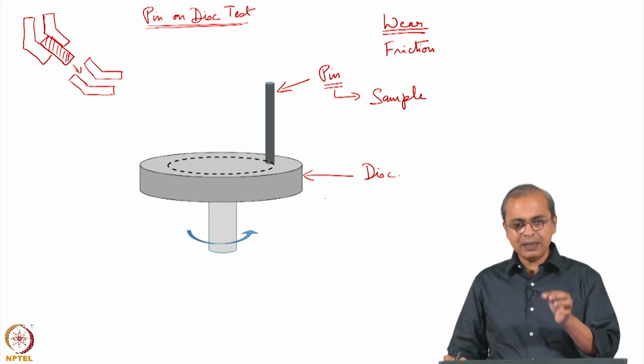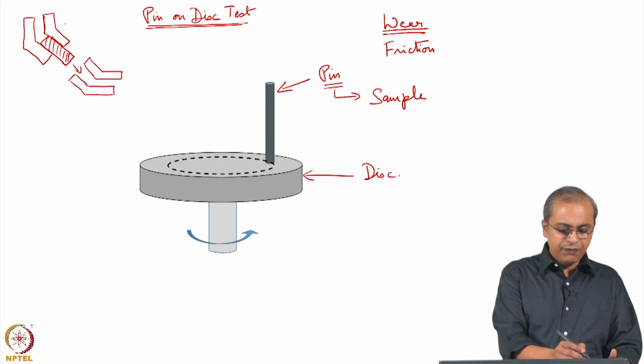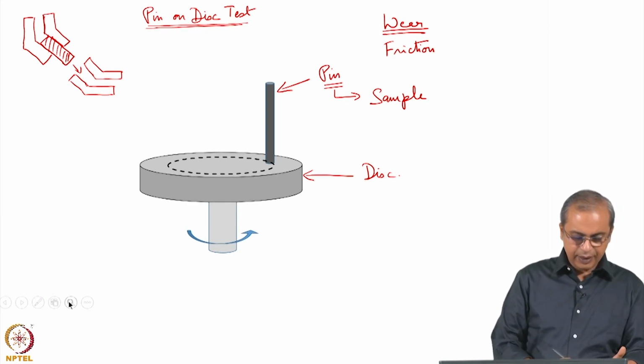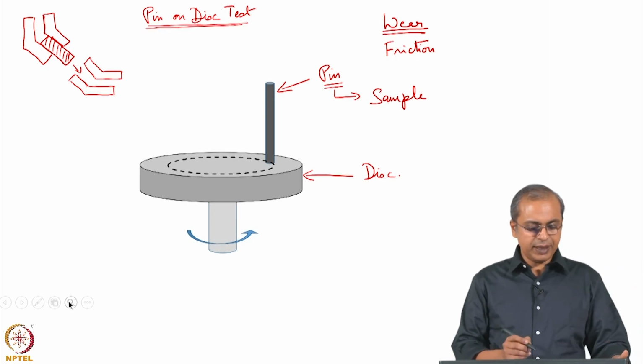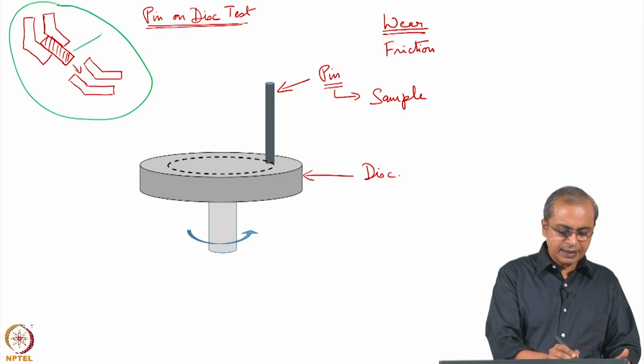As you can see, the pin is basically one thin cylinder, and if you did an equal channel angular extrusion kind of process, then you are getting that cylinder.